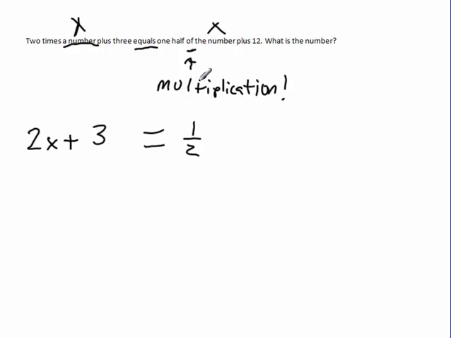Anytime you see the word of, it's implying multiplication. So 1/2 of x plus 12.